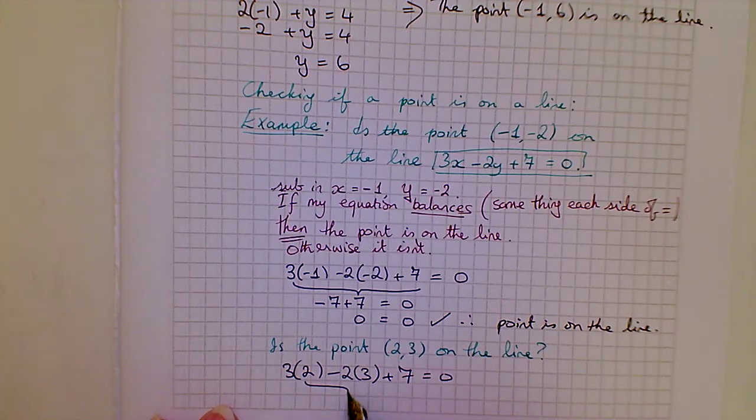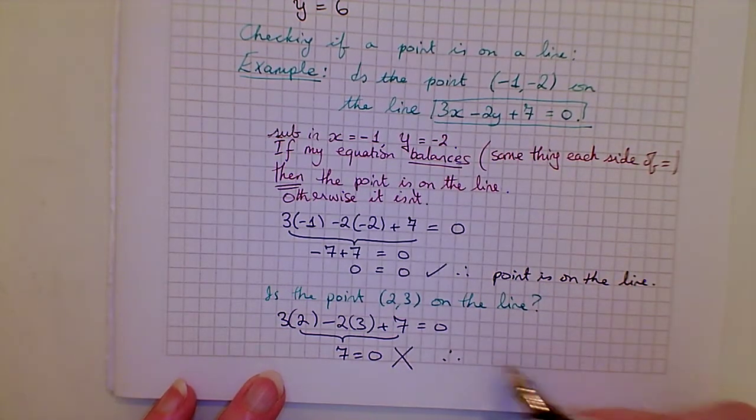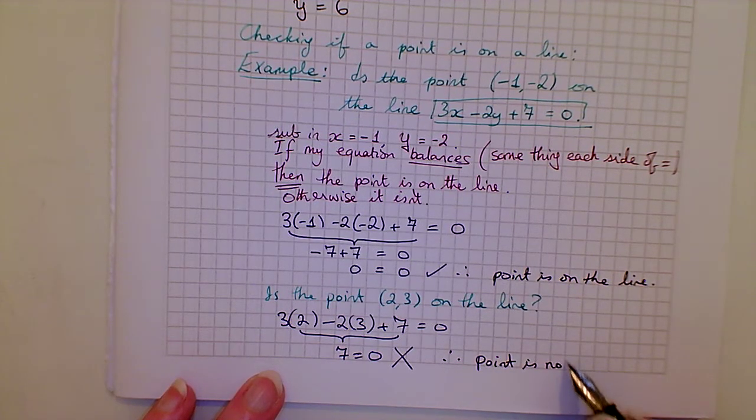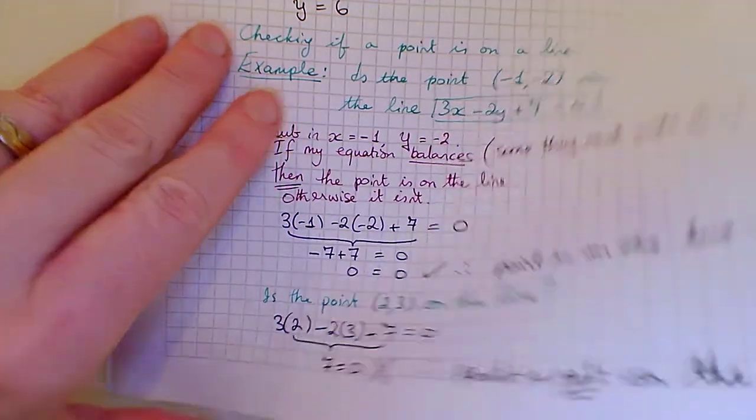So when you put that in your calculator, you get 7 equals 0. And 7 equals 0 is a nonsense statement in maths, so therefore the point is not on the line. Okay, so hopefully that's nice and clear for how we check if a point is on the line or not.